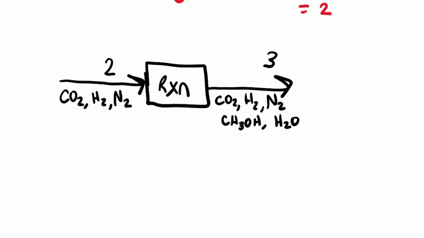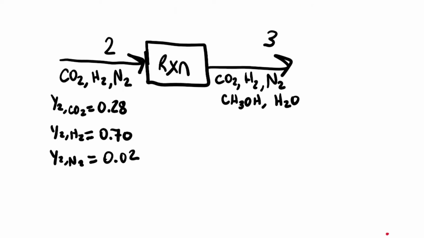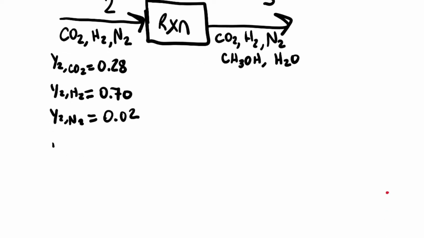And then stream 2, you already knew that Y2 of CO2 equals 0.28, Y2 H2 equals 0.70, and Y2 N2 equals 0.02. But not only do you know that now, you know N2 dot equals 100 kilomoles per hour.